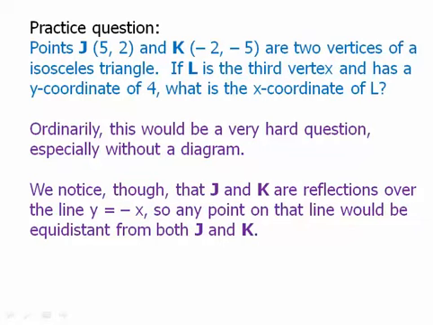So any point on the line y equals negative x would be equidistant from them. And so what's a point on the line y equals negative x with a y coordinate of 4? Well, it has to be x equals -4. We get the point (-4, 4). So -4 is the x coordinate of L.